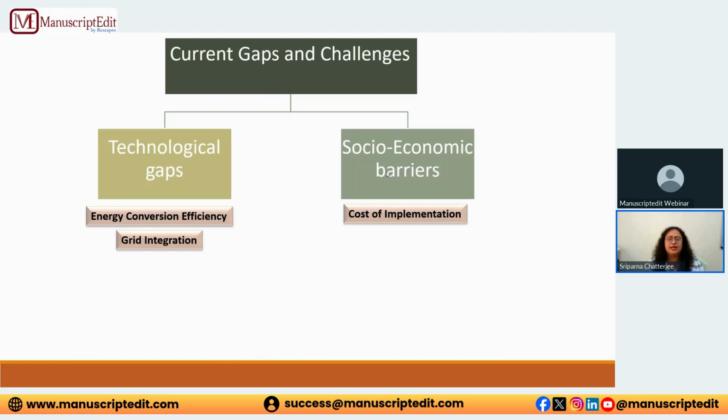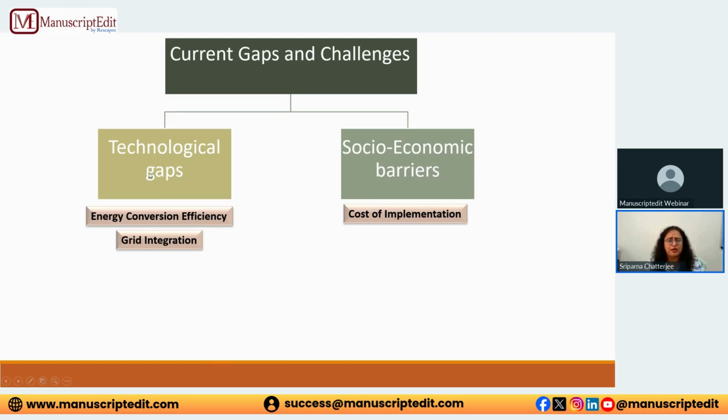Okay. So the next thing: how to identify the current gaps and challenges while proposing a research plan. Two things one can focus on: one is the technological gap and the other is socio-economic barriers.